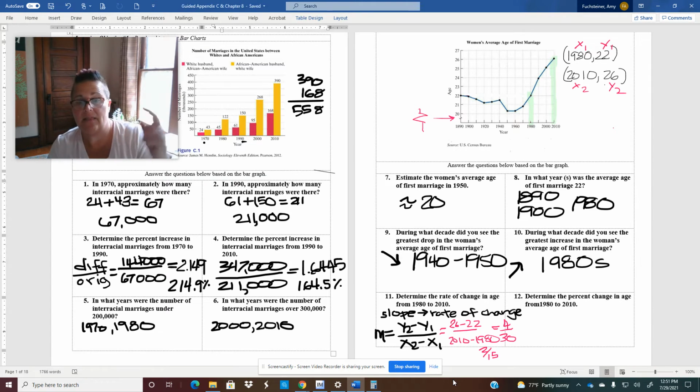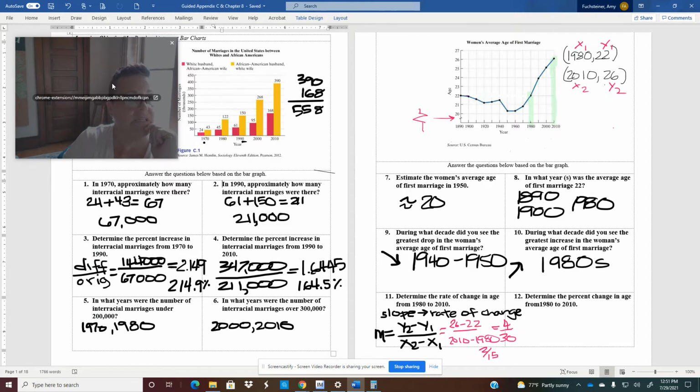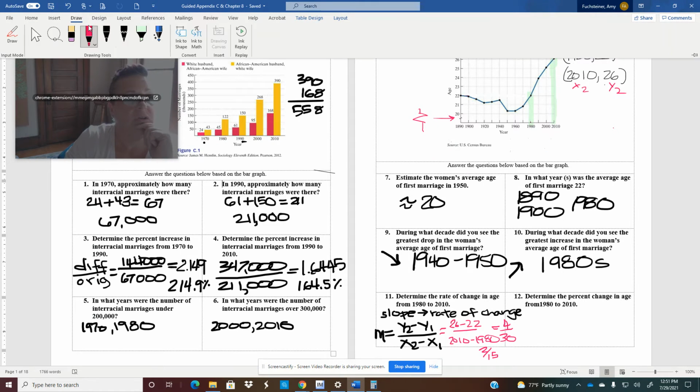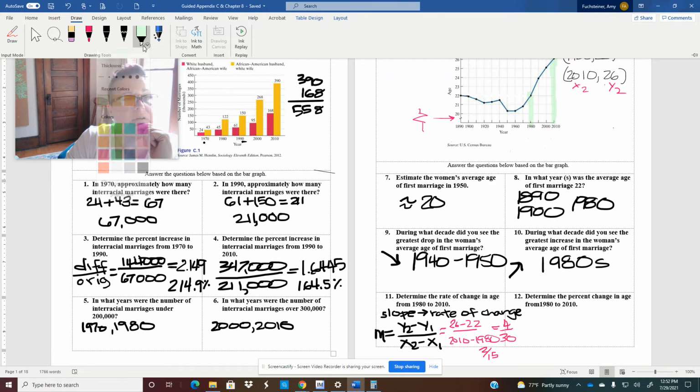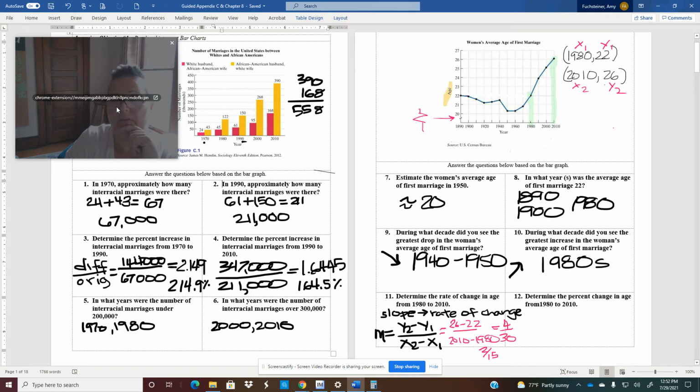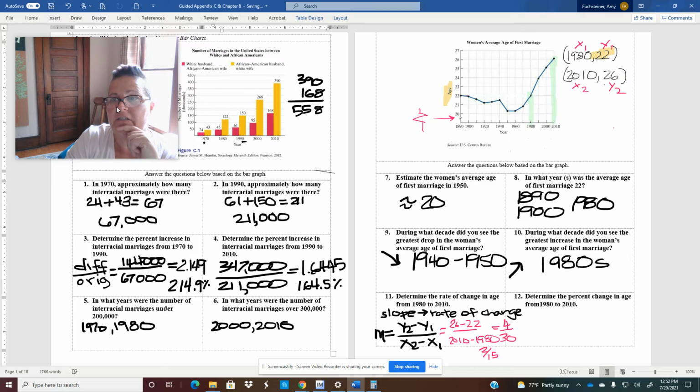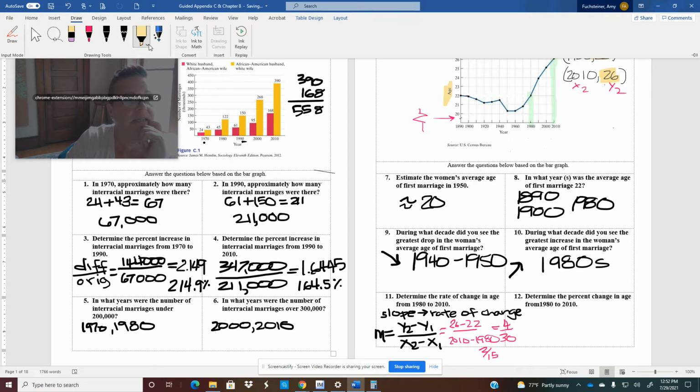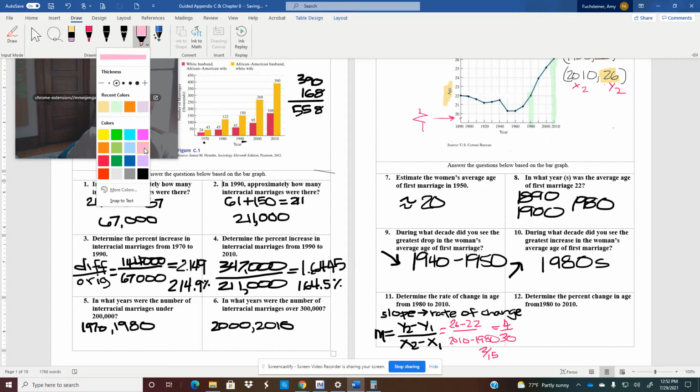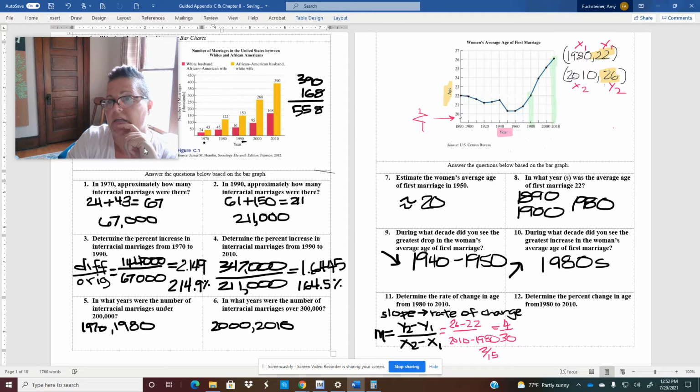It means that the y's are our ages in years, and our x's are the years, like the decades.